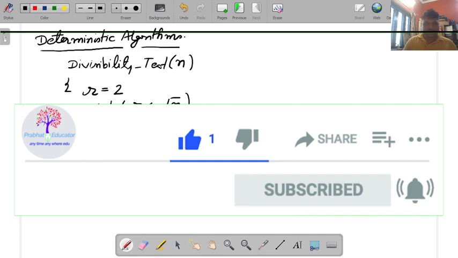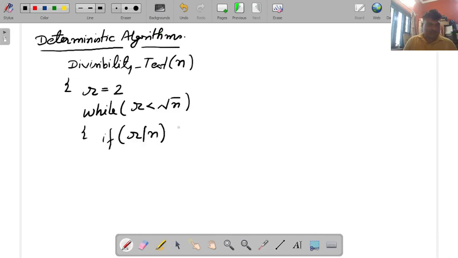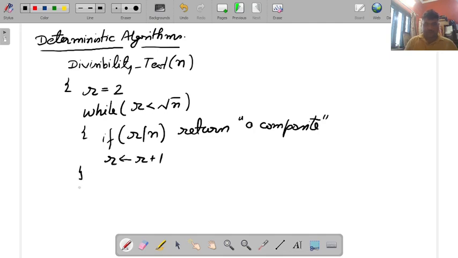If n is divisible by r, then it will return a composite. Otherwise increase the value of r, so r becomes r plus 1. If it is not returned by the while loop, then return a prime.